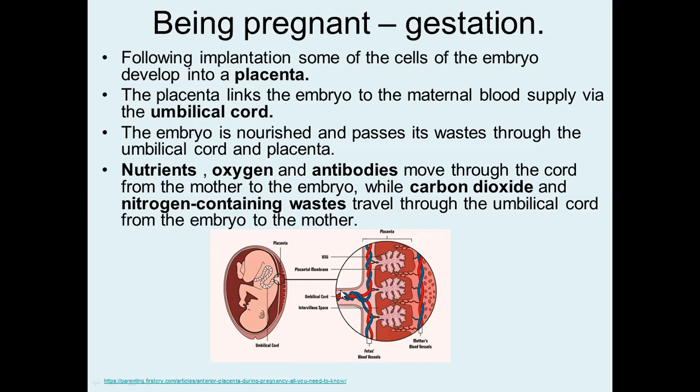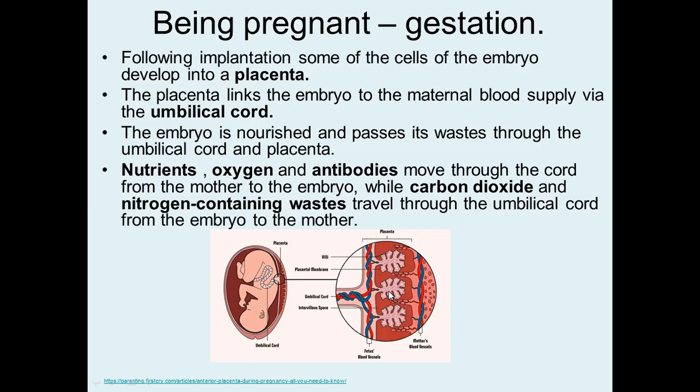So let's have a look at this end here. If you look on the drawing, this has been magnified here so that you can see it in more detail. So this is the umbilical cord, and here are the blood vessels of the embryo that run to and from the umbilical cord.